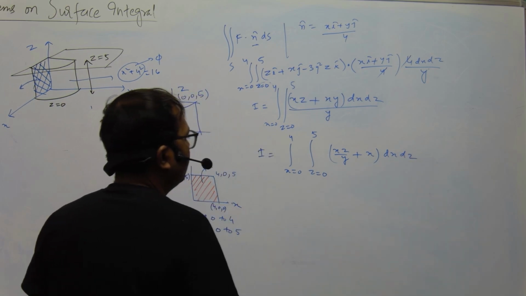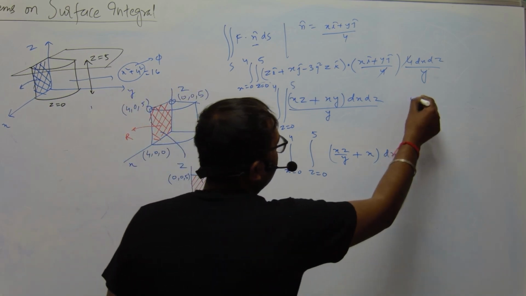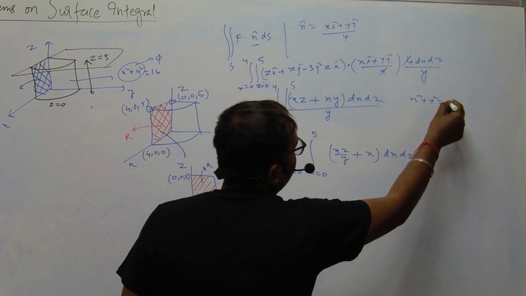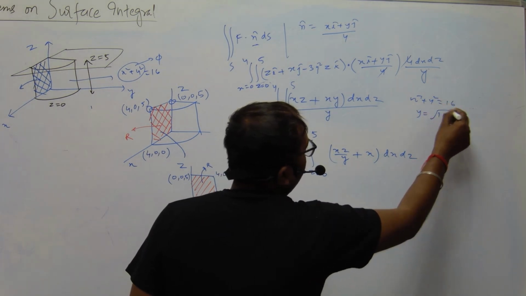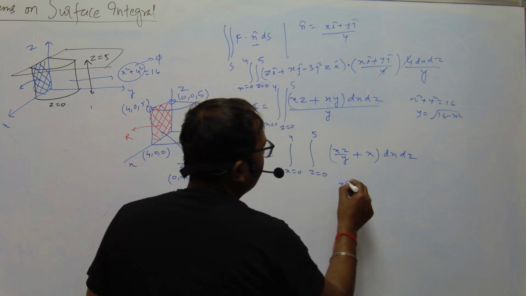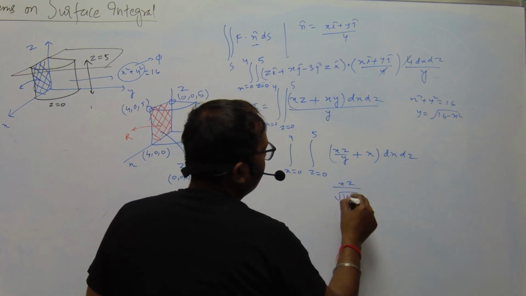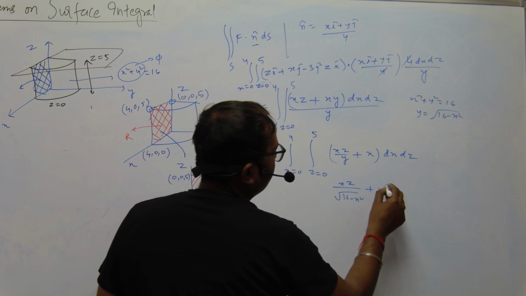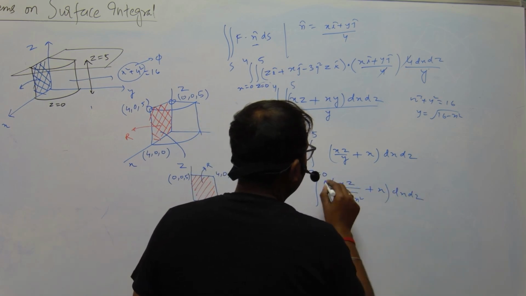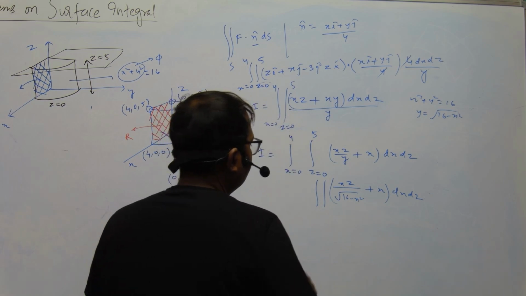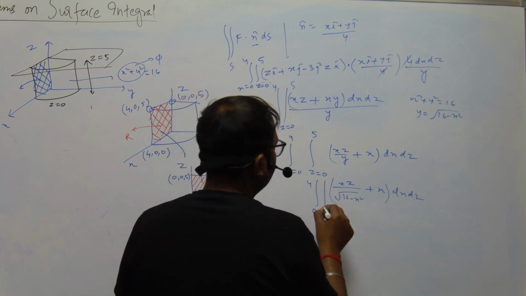Let us substitute the value of y. We have the equation x square plus y square equal to 16, so from here y is equal to root of 16 minus x square. We have xz upon root of 16 minus x square plus z.